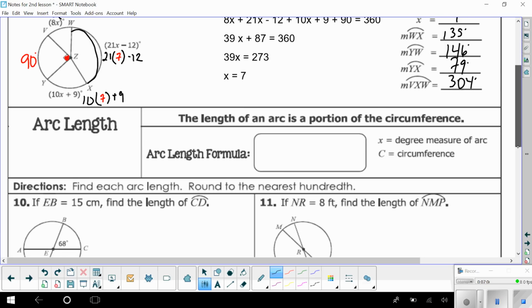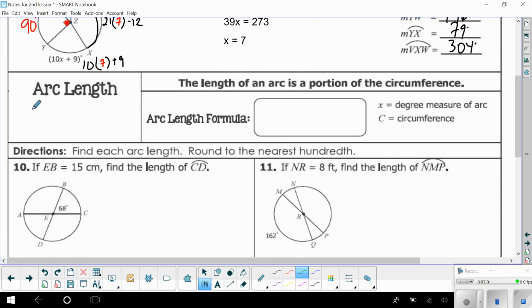Okay? Arc length. The length of an arc is a portion of the circumference. So the formula is going to be the length equals the measure of the arc over 360 times the circumference.